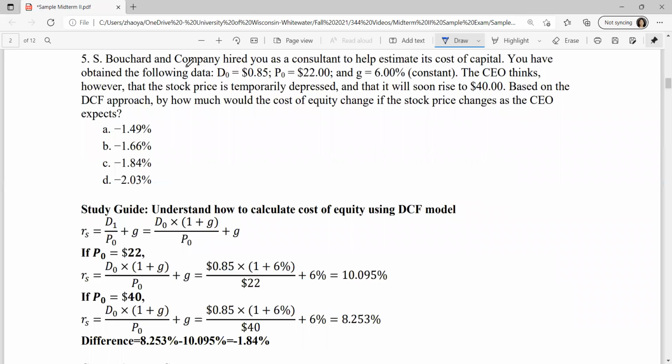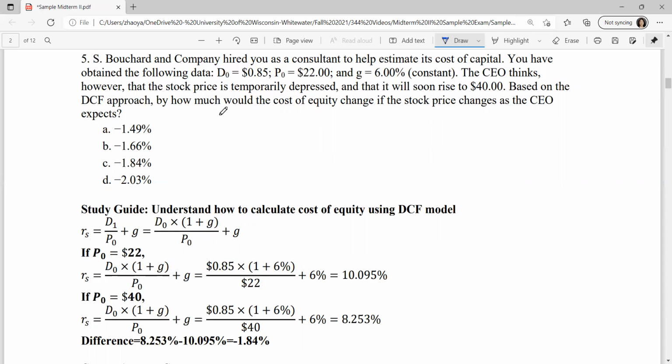The CEO thinks, however, that the stock price is temporarily depressed and that it will soon rise to $40. Based on the DCF approach, by how much would the cost of equity change if the stock price changes as the CEO expected?